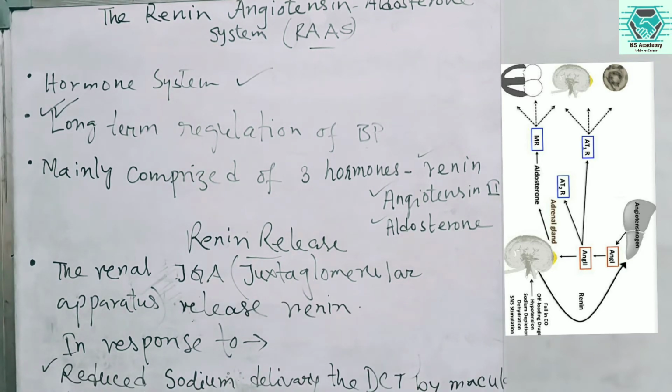DCT is the distal convoluted tubule. In the structure of the nephron, after the glomerulus and Bowman capsule there is the PCT, that is the proximal convoluted tubule, then the loop of Henle, then the distal convoluted tubule, and then the collecting duct. So if there is reduced sodium delivery to the distal convoluted tubule, it is sensed by the macula densa cells. So it is one response.